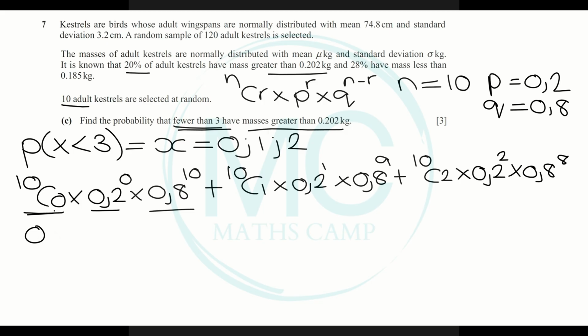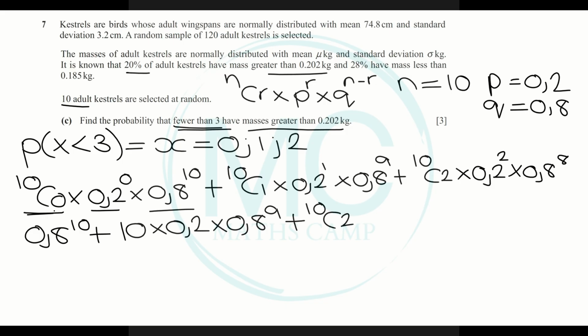So we have 0,8 with an exponent of 10 plus NCR. If R is 1, then NCR is 10. So now we have 10 multiplied by 0,2 multiplied by 0,8 with an exponent of 9 plus 10C2 multiplied by 0,2 squared multiplied by 0,8 with an exponent of 8.